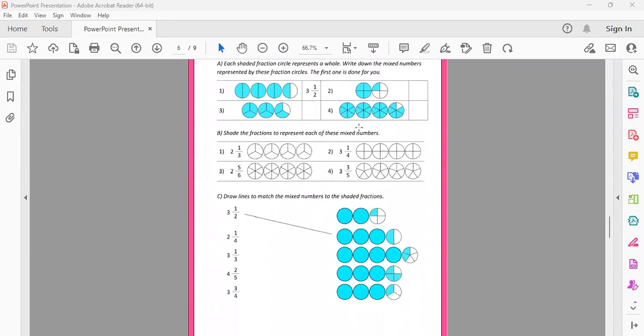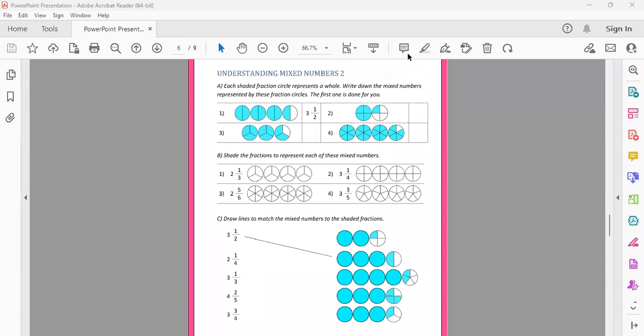Now, over here, this is a quick practice on your improper fraction and your mixed number. So these are fractions, 1 whole, 2 whole, 3 wholes. That's why you write 3.5. So what about the rest?